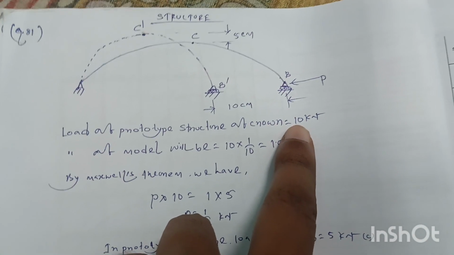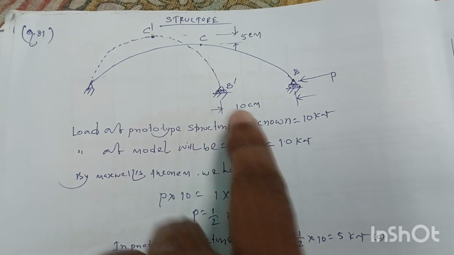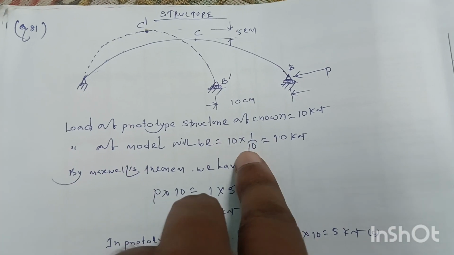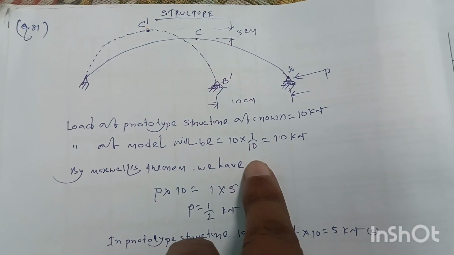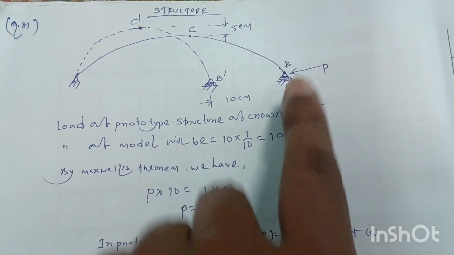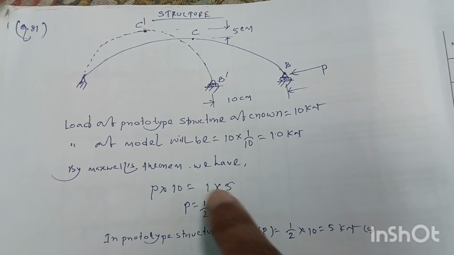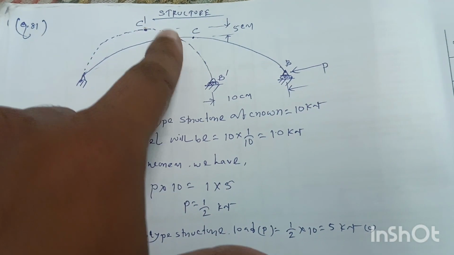So as the scale between prototype structure and the model is 1:10, the load at the model will be 1 kN, and by Maxwell's theorem we have the load, this load into this distance 10 centimeter is equal to the load at the crown into this vertical distance 5 centimeter.